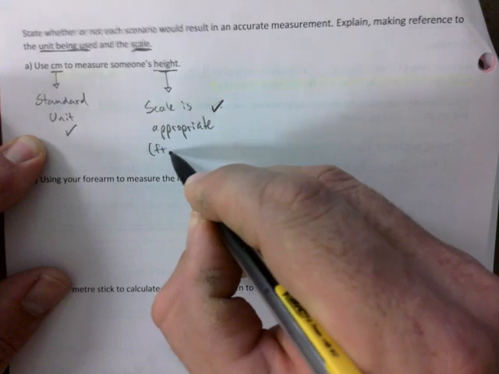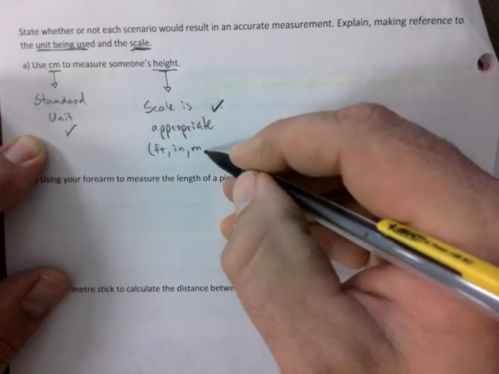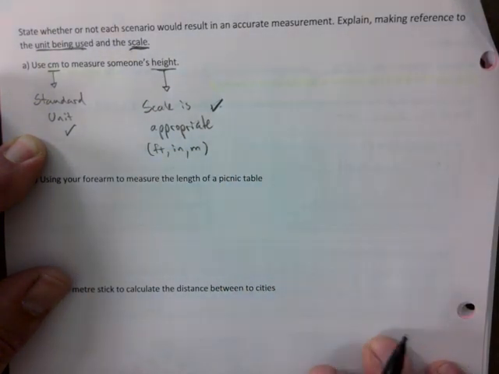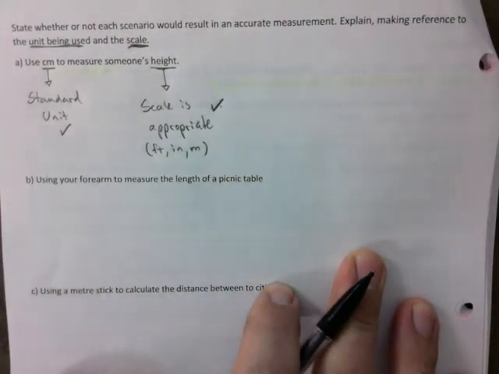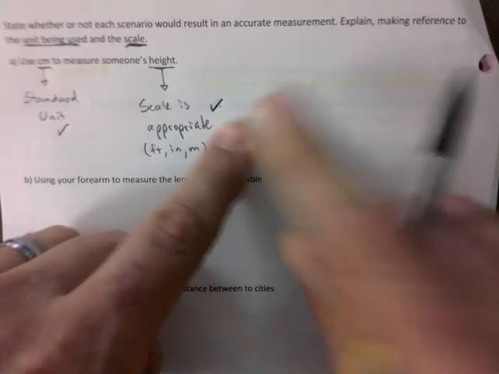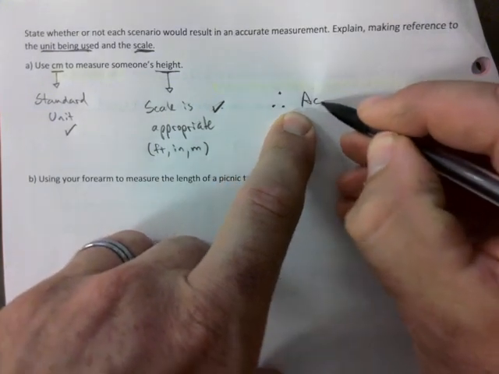You could use feet, inches, meters. That's about it. Right? Once you start using kilometers and miles, yards wouldn't be the best for the height of a person, right? So that's not appropriate. So once you say check, check, you can say therefore accurate.